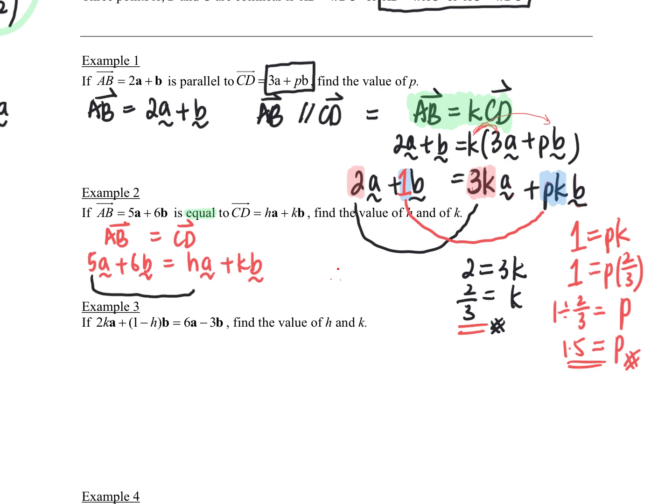This one is H, so H is 5. And then this one is 6 because they are equal. Done. So when they are equal, you can start to compare them already, don't even need to multiply by a constant. Because they are equal, they are not parallel.